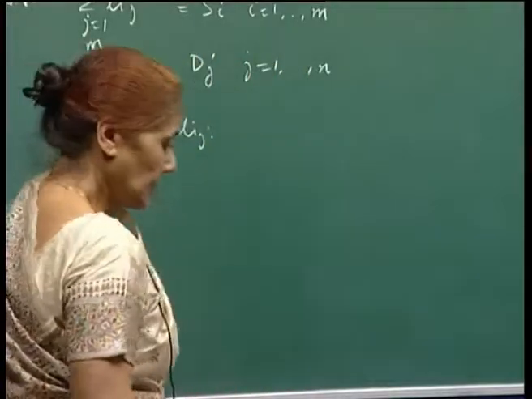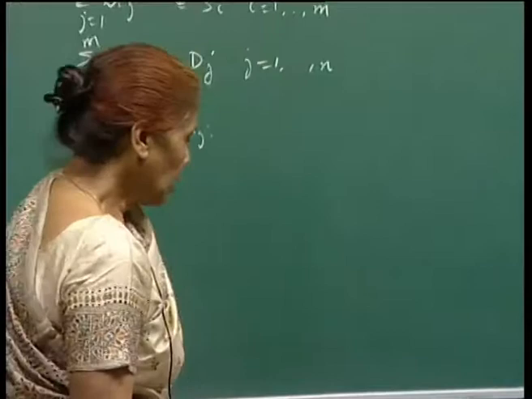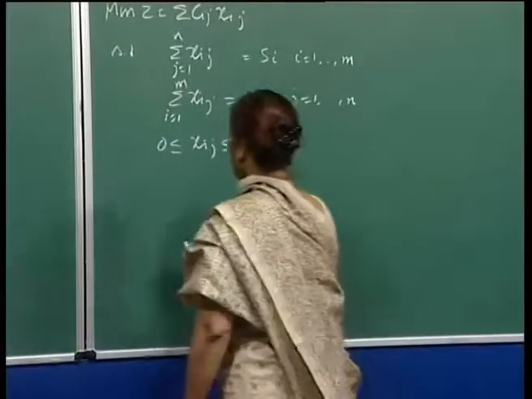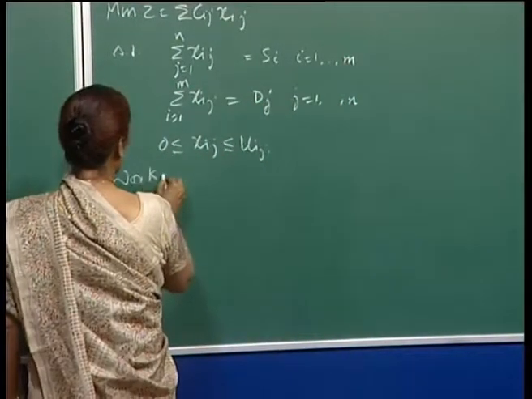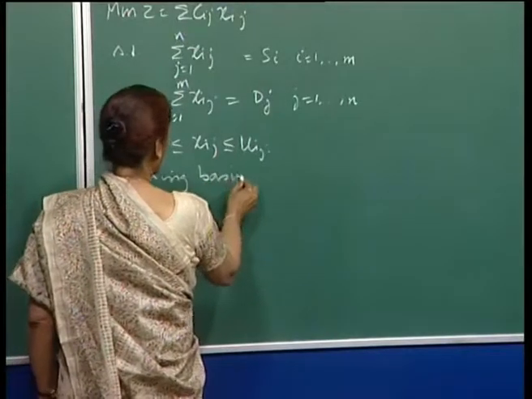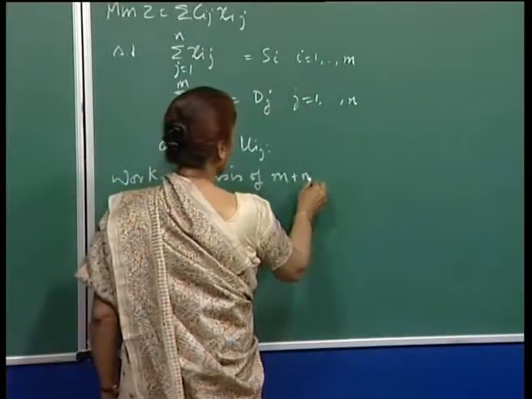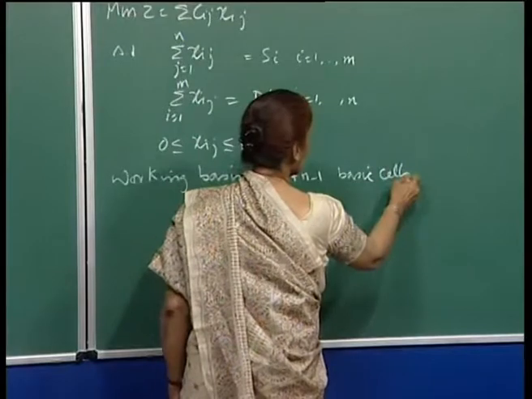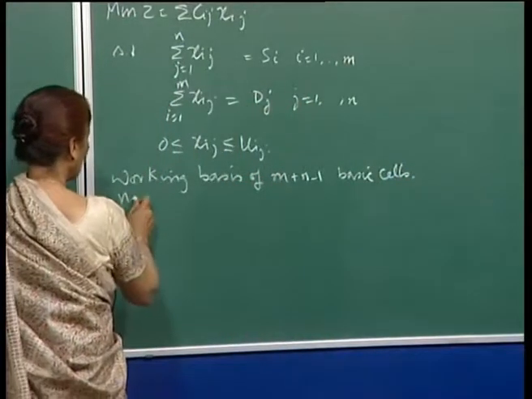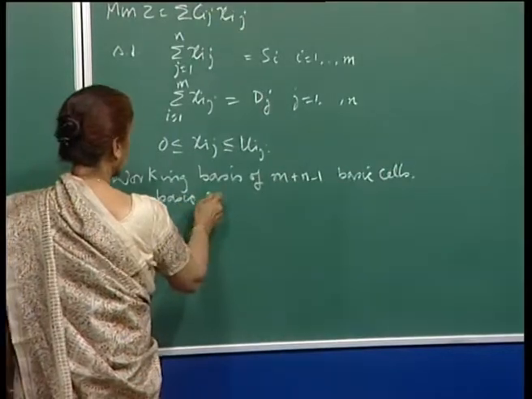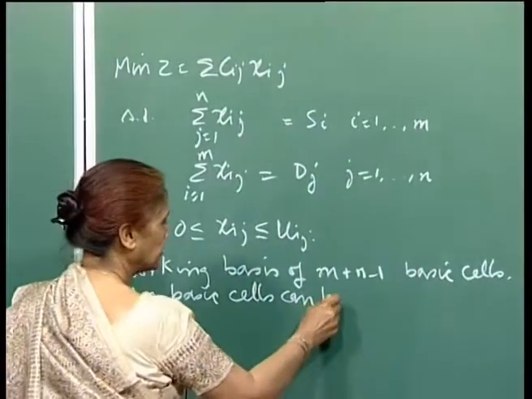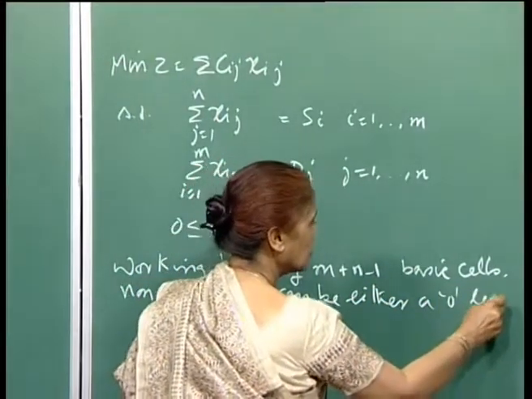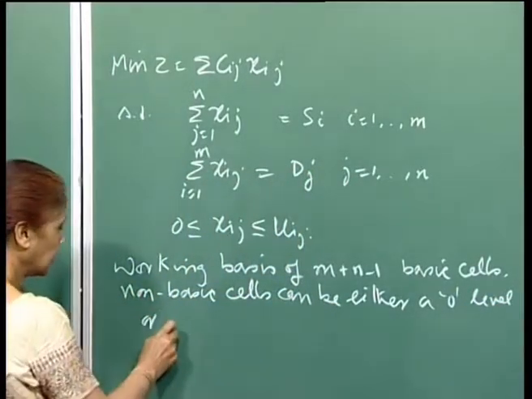Let us continue our discussion of the bounded variable transportation problem. I told you that we can work with a working basis of m plus n minus 1 basic cells, and your non-basic cells can be either at 0 level or at their upper bound level.